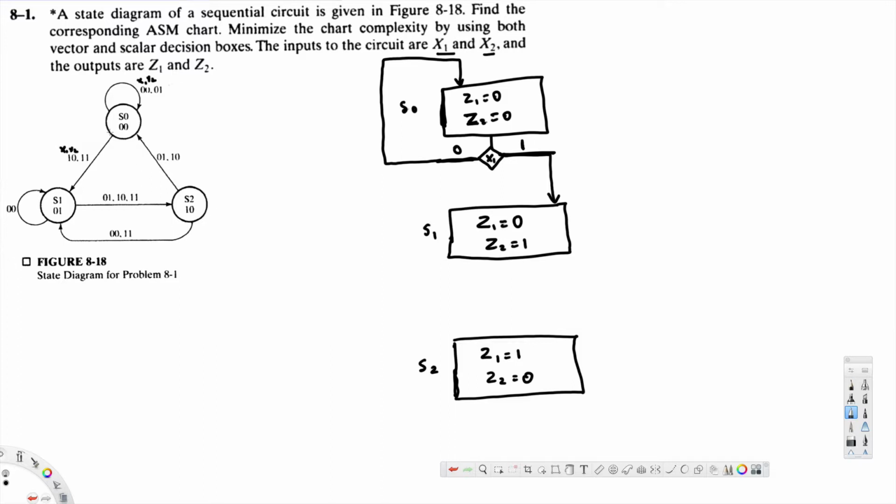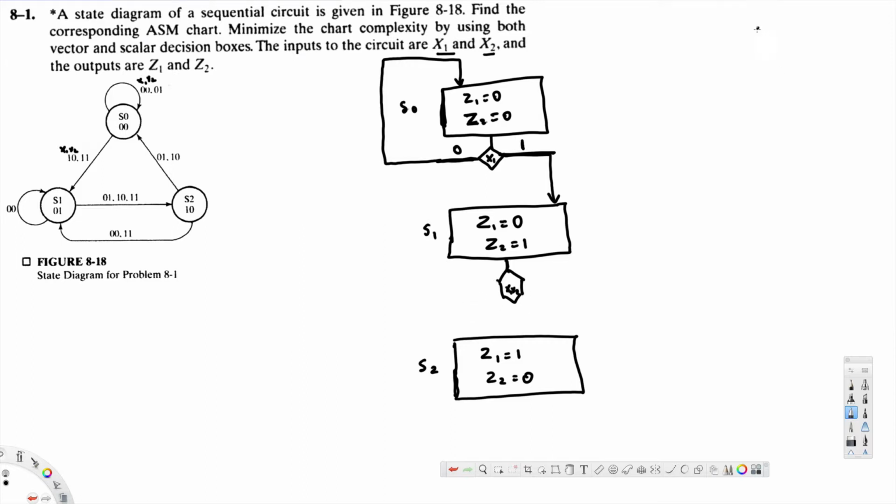You can also do the vector decision box for this one, but here they have mentioned we have to minimize the chart complexity by using vector and scalar decision boxes. This is minimizing the complexity. The vector box looks like this. This one has x1 x2, and it will have 4 choices.